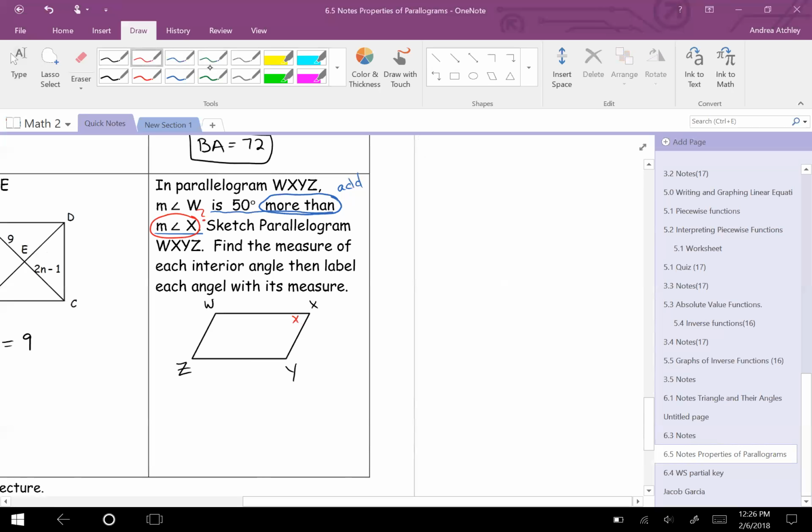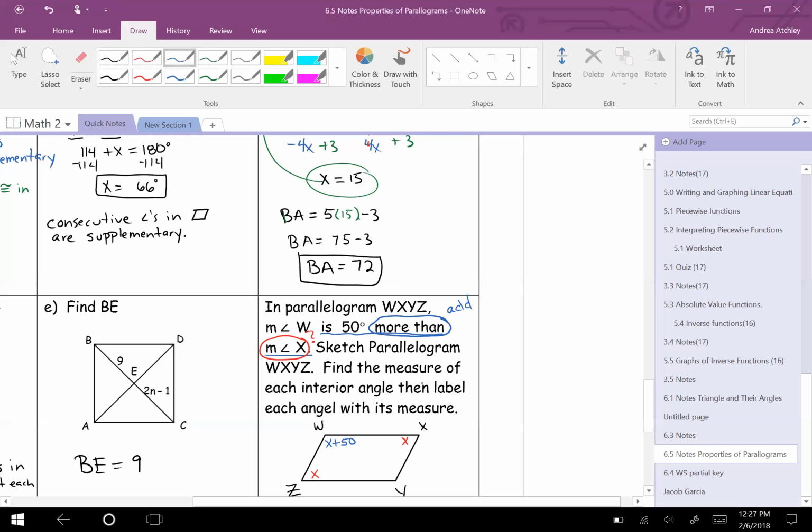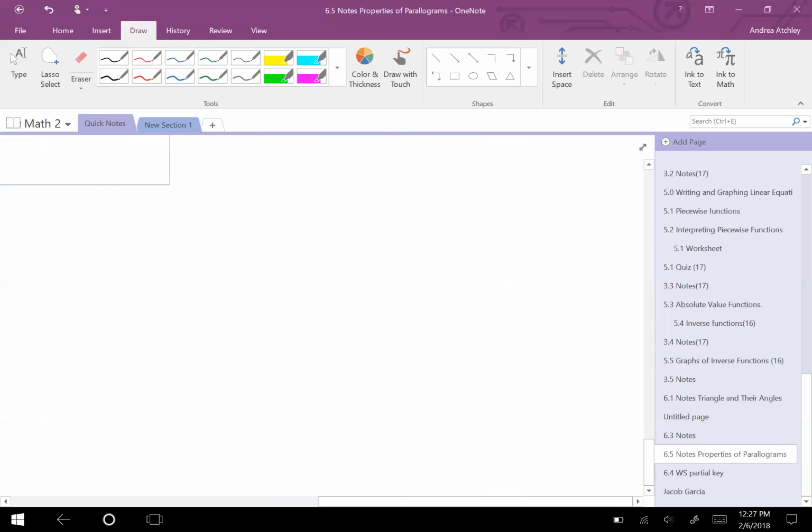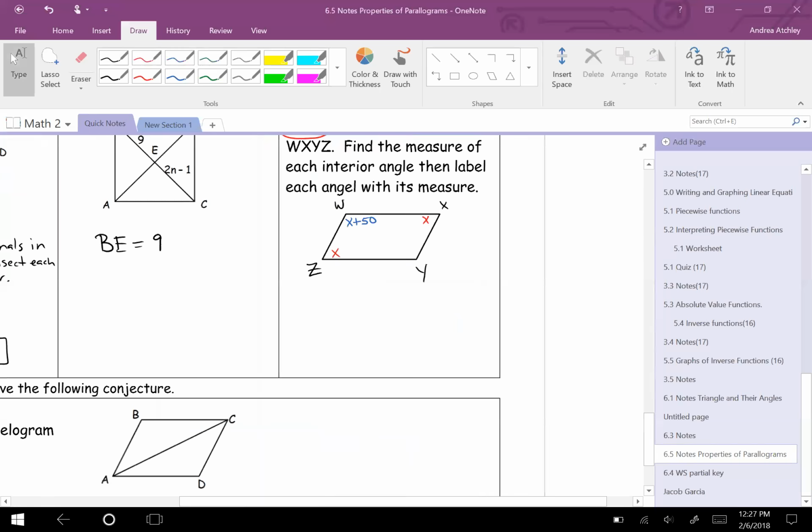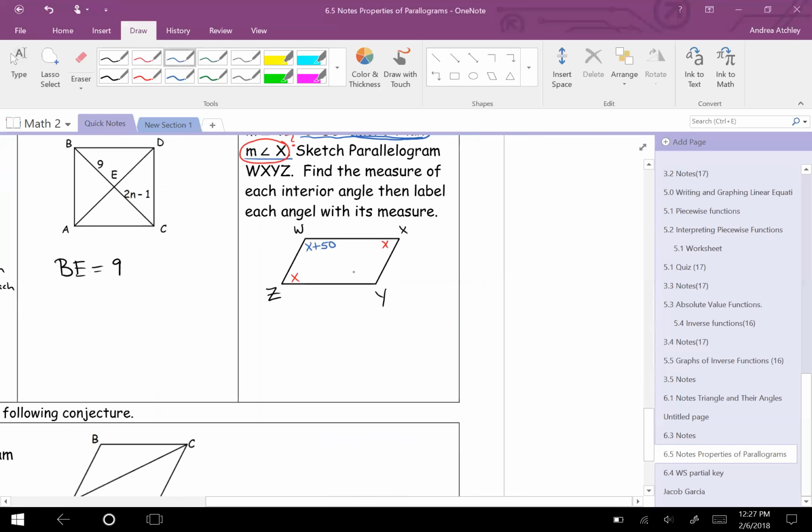I do know that W, though, is 50 more, so I have to add X plus 50 for W. So then I could also say that Z was X, and that Y would be X plus 50. And we want to find the measure of each interior angle.